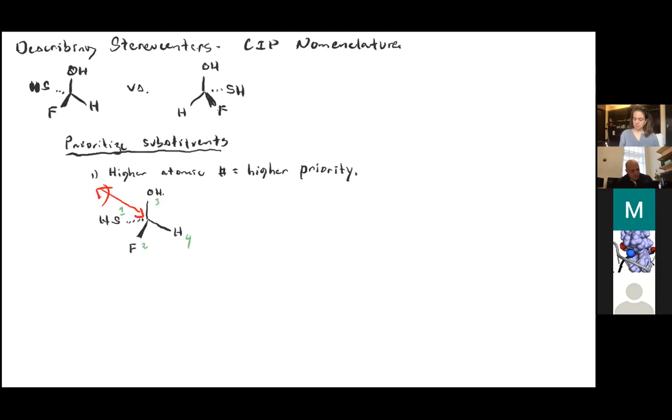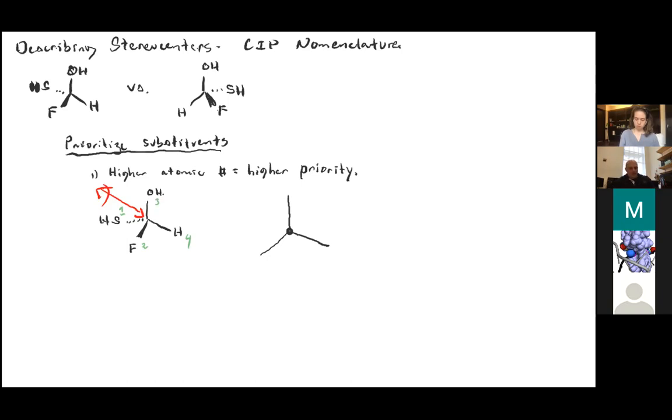And so I can basically start out drawing as I do a normal Newman projection. Okay, so this will be the carbon, and we're looking from C to H. There's nothing else attached to H, so we don't draw anything in the back, and the H is understood in this context to be directly behind the carbon.